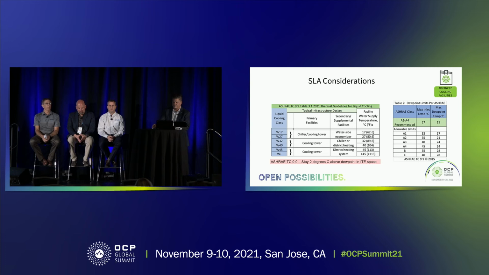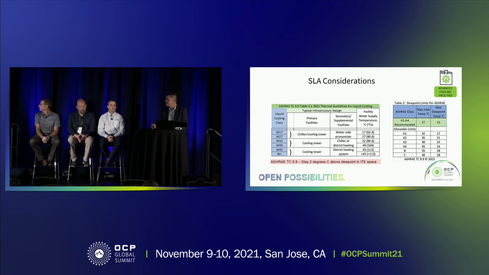As part of version 5 of the thermal guidelines this last spring, there were some significant changes made to the ASHRAE W classes, which are our temperature classes for liquid-cooled environments. One of the first things you'll notice, if you're familiar with the ASHRAE classes, is they used to be W1 through 5. It's now W17, 27, 32, et cetera.